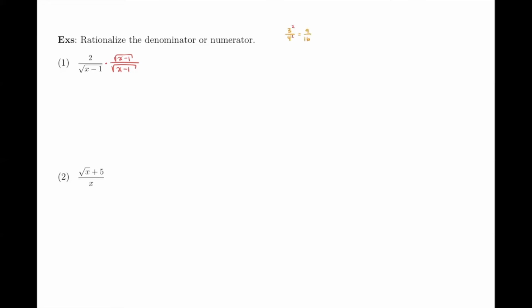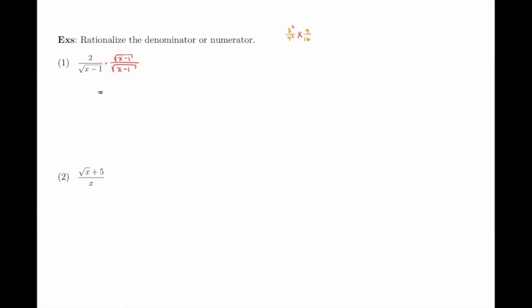And if you put 9 over 16 in your calculator, this is approximately 0.56, and 3 over 4 was 3 quarters or 0.75. So these are not the same. If you end up trying to square the top and the bottom, you will end up with something different. So what we have to do here is always multiply by a fancy version of 1.